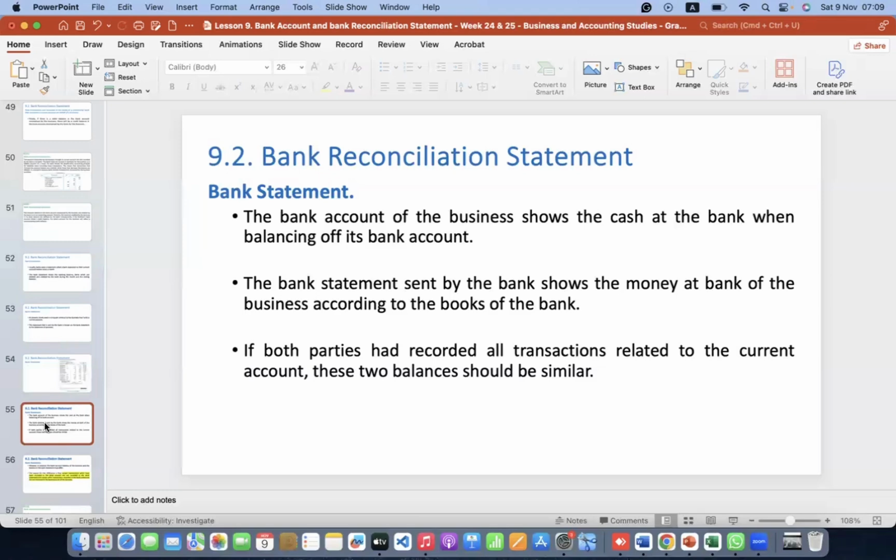දැන් හැමෝම මේ transactions ඔක්කොම හරියටම record කරා නම් the month end balance in the bank statement and the month end balance in the bank account of the business should be similar. If both parties had recorded all the transactions related to the current account, these balances should be similar.